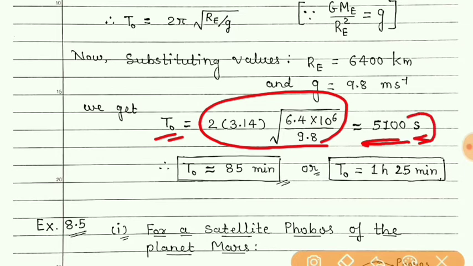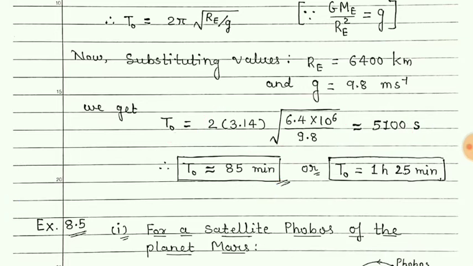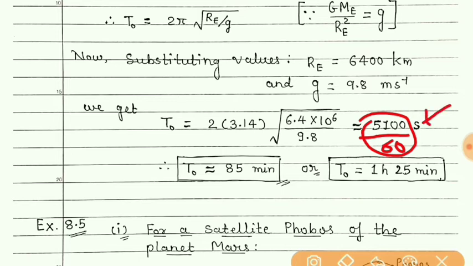Now this second can be converted to minutes. How can we convert seconds to minutes? Simply divide by 60. If you divide this by 60, now this second will convert to minutes. So the periodic time of the satellite which is orbiting very close to the earth is 85 minutes.